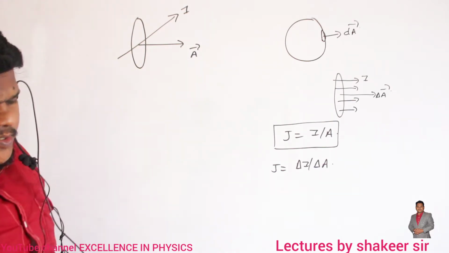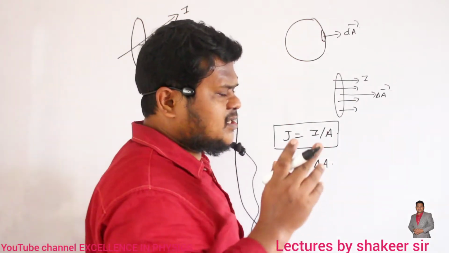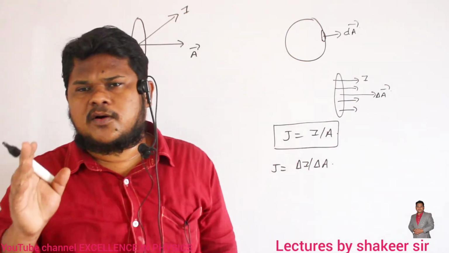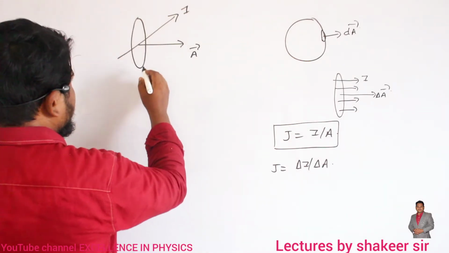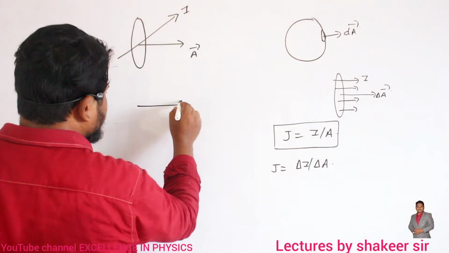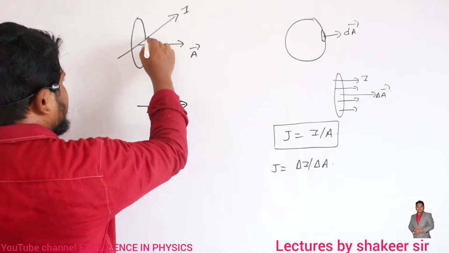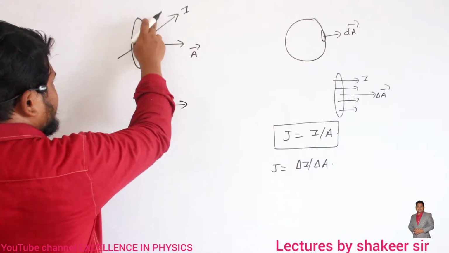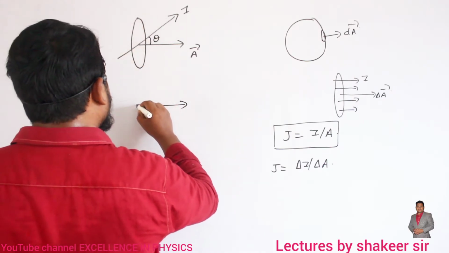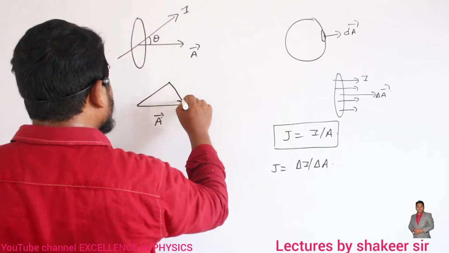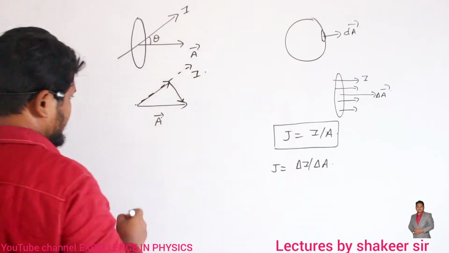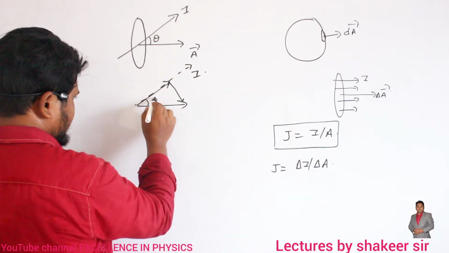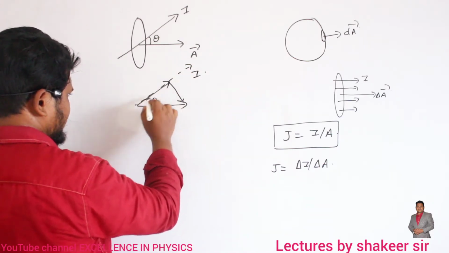Then you are supposed to take those two components which are in the same direction, parallel to each other. How can I do this? This area vector I can split like this. If this is A dash and theta is the angle between current and area vector, then to this angle theta, this becomes the adjacent side.